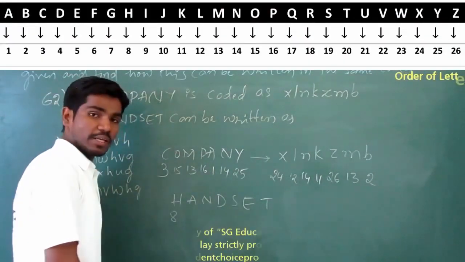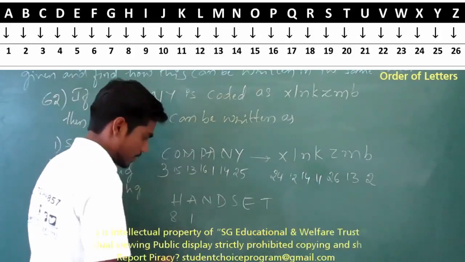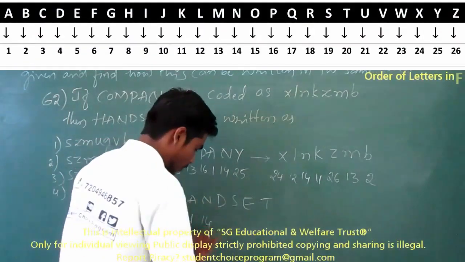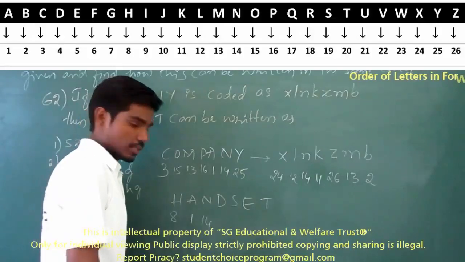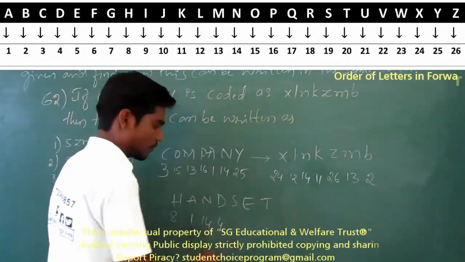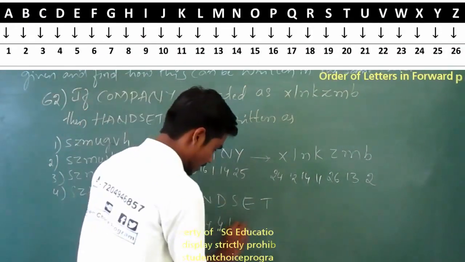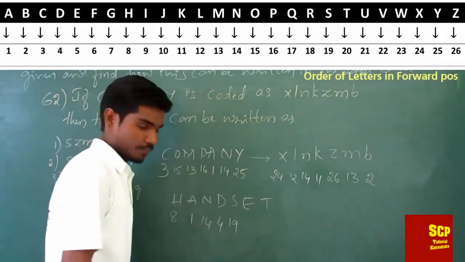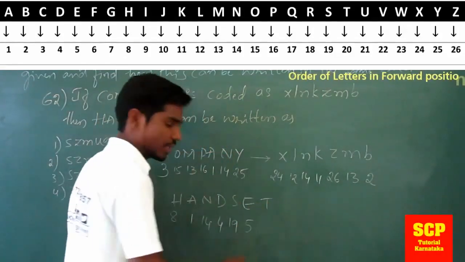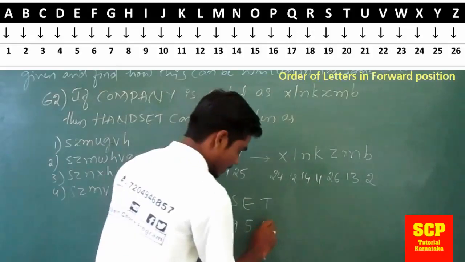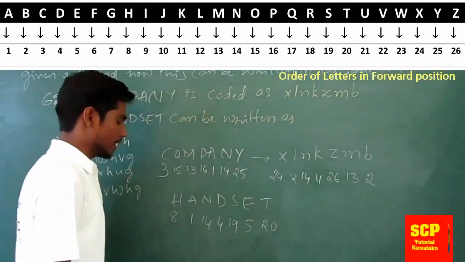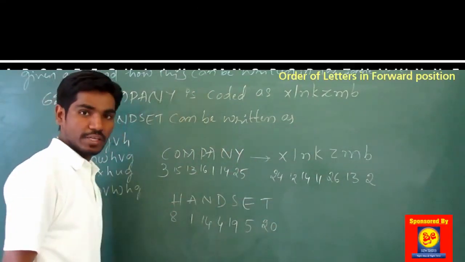The position of A is 1. The position of N is 14. Position of D is 4. Position of S is 19. Position of E is 5. Position of T is 20. So what is the answer I should get? When I add, I should get 27.